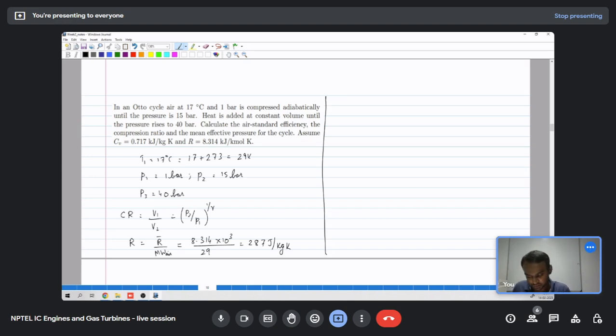Now Cv is given, so Cp is Cv plus R, so that is 717 plus 287. This is 1004 joule per kg Kelvin.